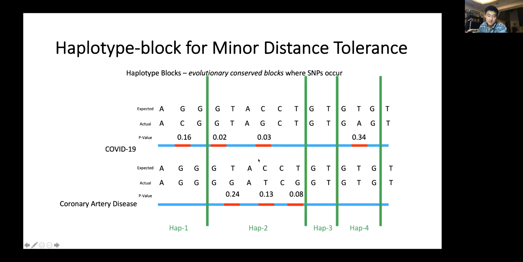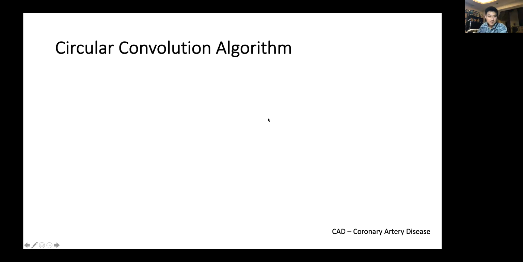Moving forwards, in my study, I no longer make associations between the 2 diseases on the single SNP level. Now I find associations across these 2 diseases on the entire haplotype block level. Exactly how I do that, I'm going to show you on the next slide.